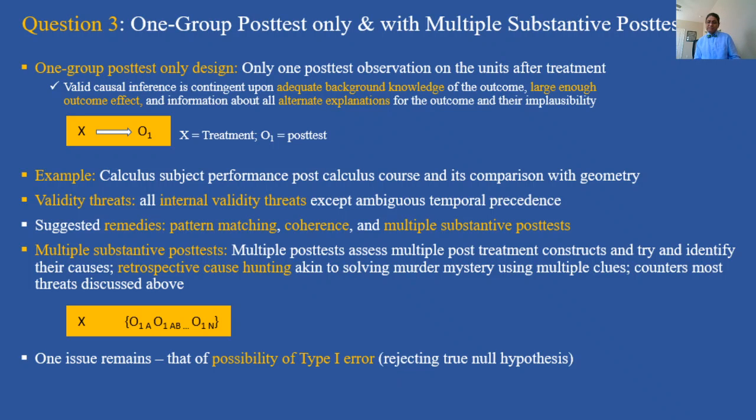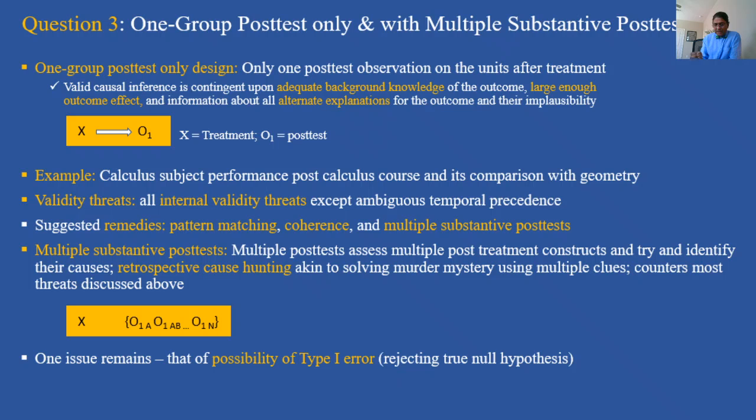So what are the remedies to counter these threats? Comprehensive knowledge about the outcome, as we saw before, understanding the magnitude of the effect, and having knowledge about all the plausible explanations for the effect is very important. So these can be translated into specific remedy solutions like pattern matching, coherence, and multiple post tests.